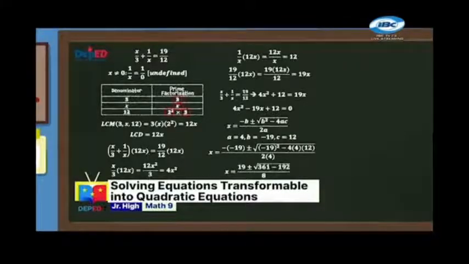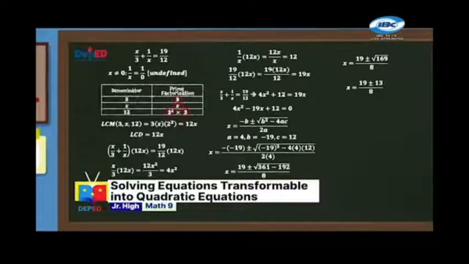So x must be equal to positive 19 plus or minus the square root of the expression 361 minus 192 all over 8. And x should be equal to 19 plus or minus the square root of 169 all over 8. x is equal to 19 plus or minus 13 all over 8.